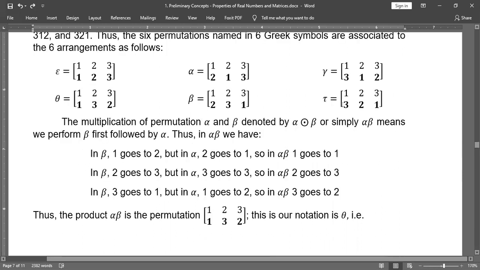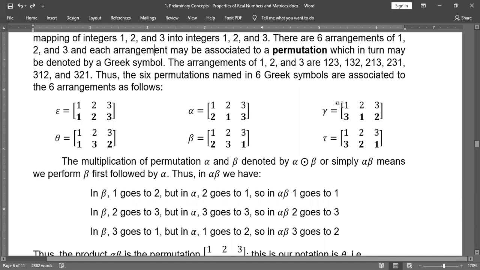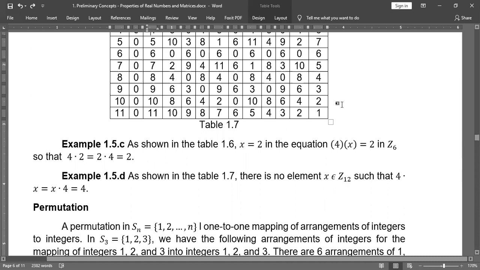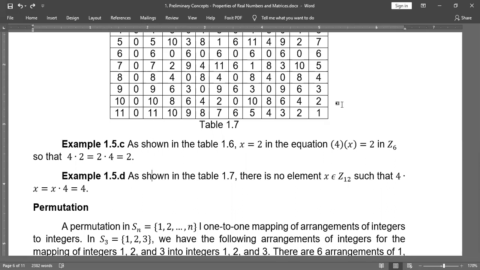Sir, paano po yung x times 4 is equals to 4, x is equals to 4? Illustration lang yun. Kapag wala pong element, ibig sabihin there is no value of x.